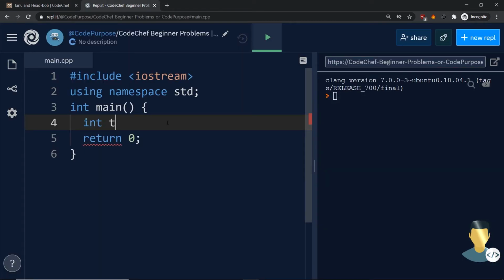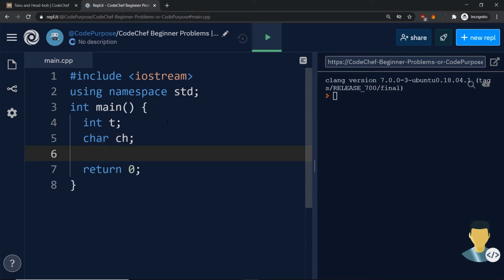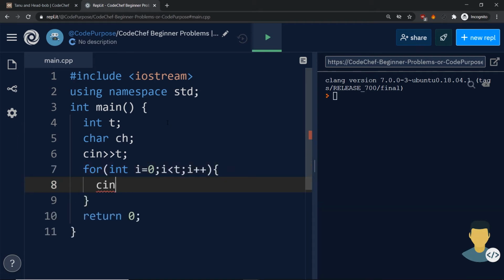So we have the number of test cases and a string s. I'll declare a character. I don't need a string. I'm going to read the number of test cases. In the first loop, I'm going to move through all test cases and read the number of characters. We need that also.